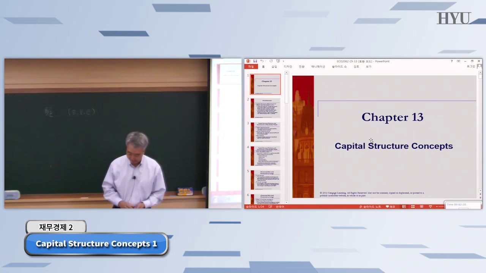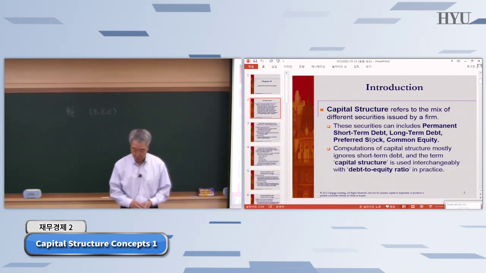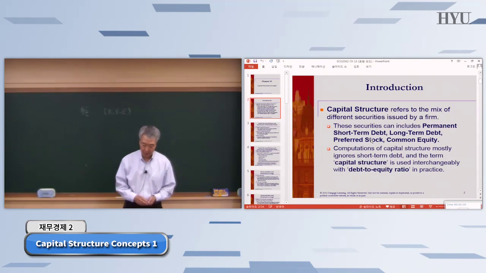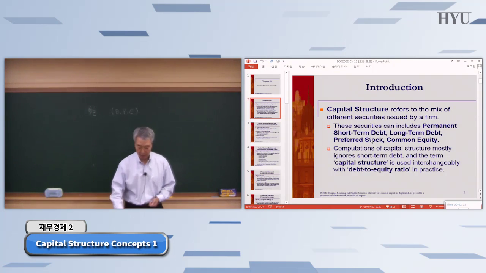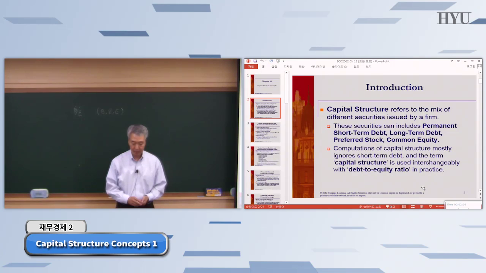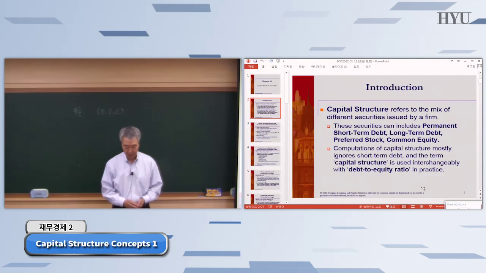Okay? All right. So capital structure refers to the mix of different securities issued by a firm. And by securities, we mean permanent short-term debt, long-term debt, preferred stock, and common equity. Okay? Well, here's one item that we haven't talked about yet: permanent short-term debt.